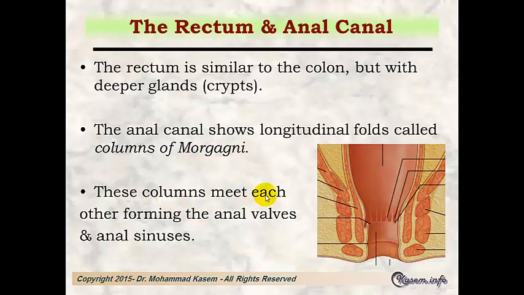These columns, or the anal columns, meet each other, forming the anal valves, behind which there are the anal sinuses. The anal sinuses are here in this area.